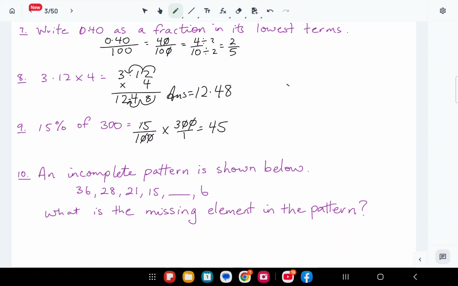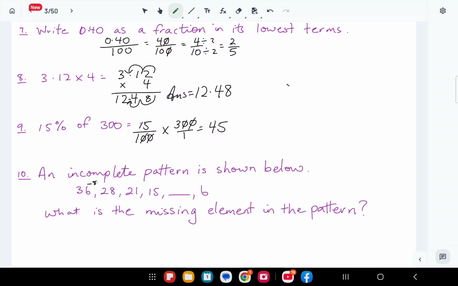Number 10, they said an incomplete pattern is shown below. The pattern we have is 36, 28, 21, 15, something, and 6. We realize that the pattern is decreasing. If the pattern is decreasing, that means we could do two operations: we could either subtract or divide. Looking at this question, we realize that we have to subtract consecutive numbers.